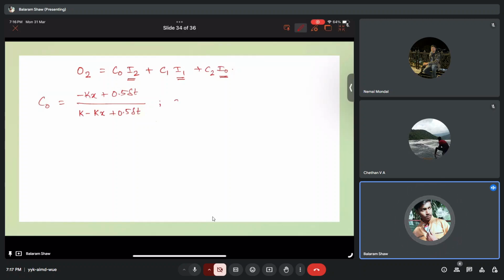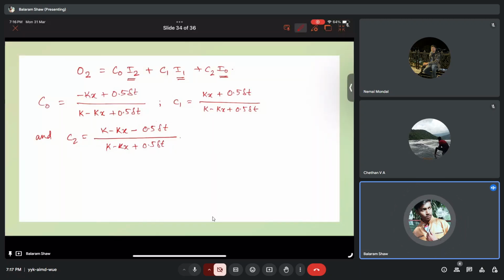Remember, del t is a very small time interval. Then C1 will be kx plus 0.5 into del t divided by k minus kx plus 0.5 into del t, and C2 will be k minus kx minus 0.5 into del t divided by k minus kx plus 0.5 into del t.